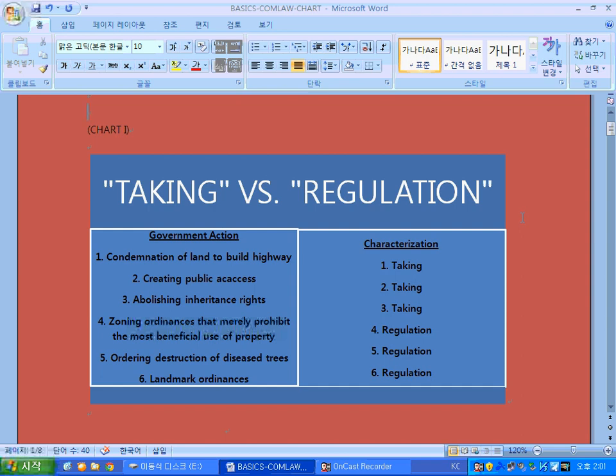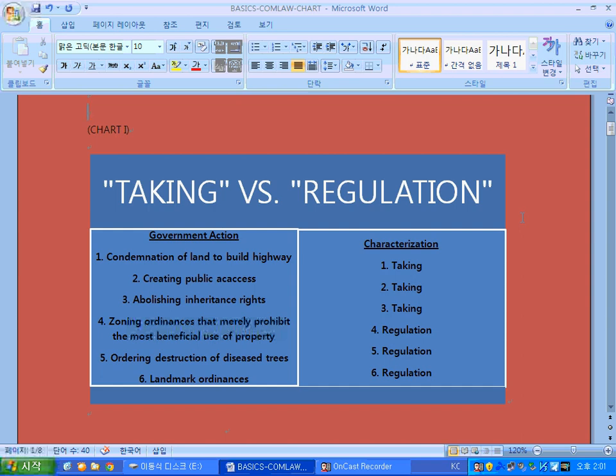First, the condemnation of land to build a highway. The court considered it a taking, which means the government is required to pay just compensation. And second, creating public access would be considered a taking. Abolishing inheritance rights will be a taking according to the court's position.